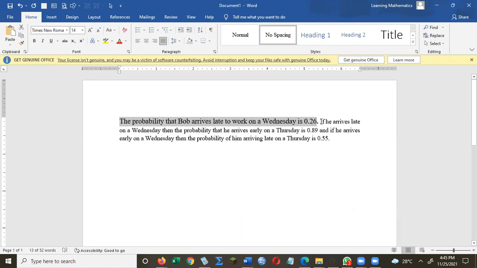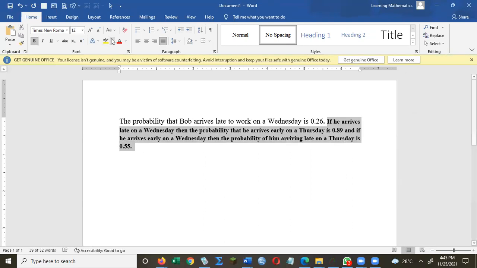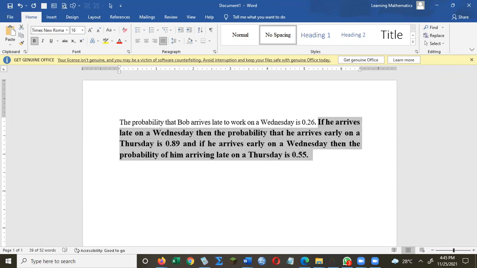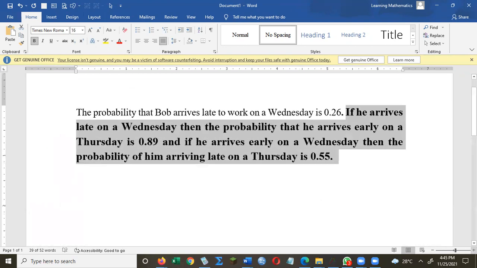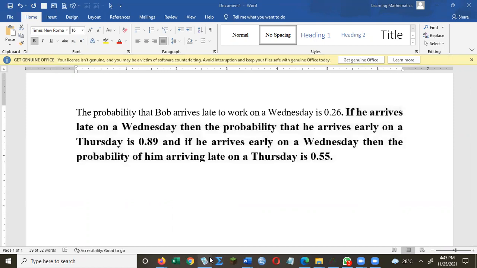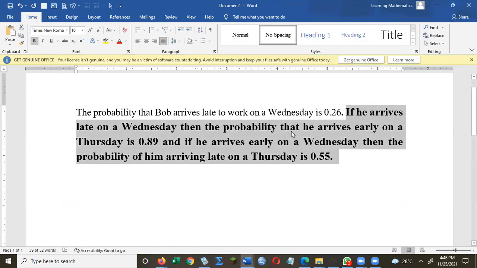Can the student who needed us to go over this again read the second sentence? If he arrives early, if he arrives late on a Wednesday, okay? Let's just focus on the if he arrives late on a Wednesday first.